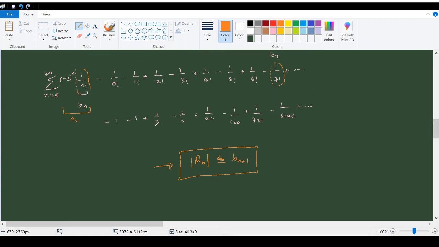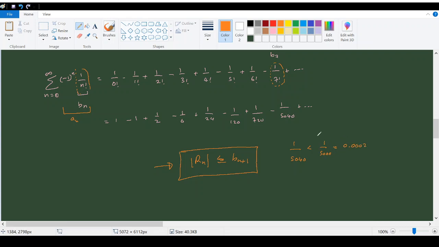And you can see, by calculating it with the computer or some sort of calculator, if you evaluate these numbers, you can see that even without using calculators you can do that, okay? 1 over 5040 is less than 1 over 5000, because 5000 is less than 5040, and this is equal to 0.0002.